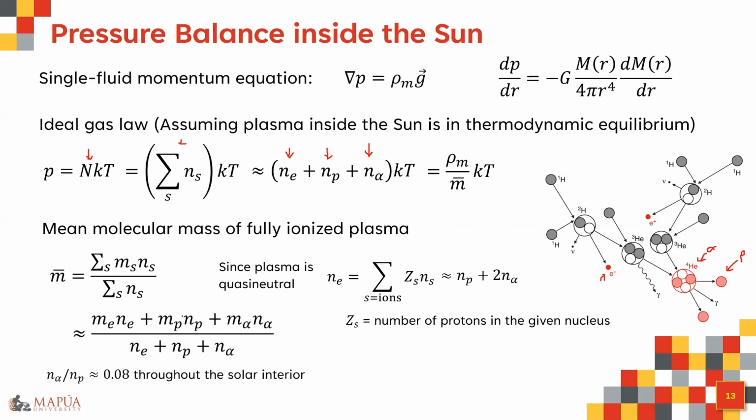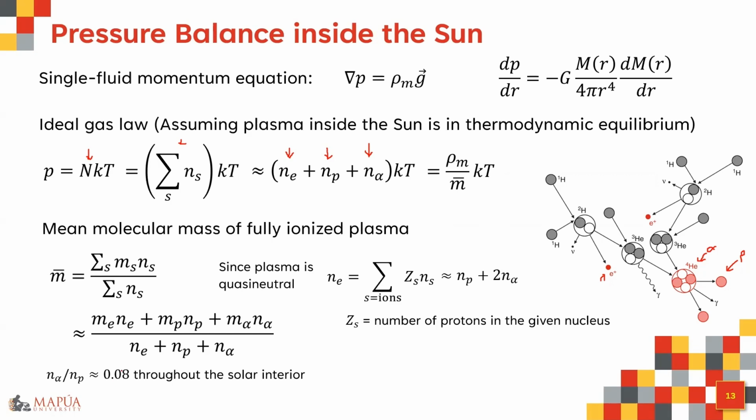So the ratio of n_alpha to n_p is about 0.08. So that's about 8% of alpha particles, the ratio between the alpha particles to the number of protons inside the solar interior.